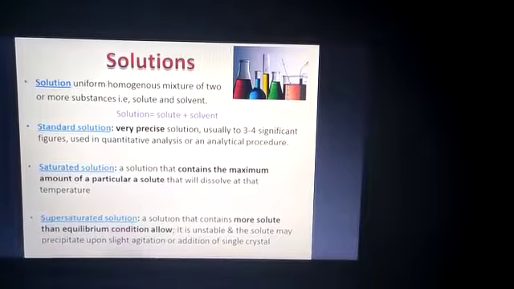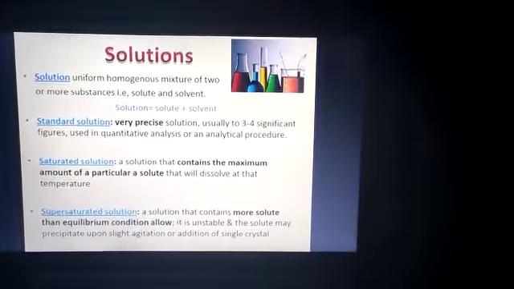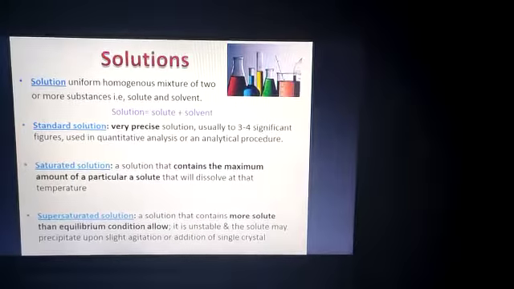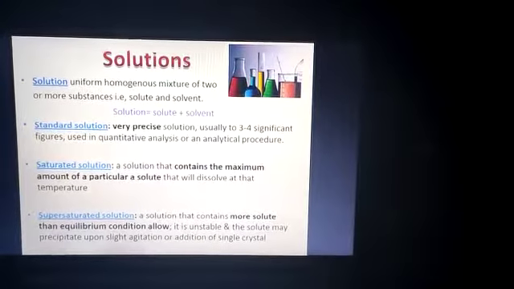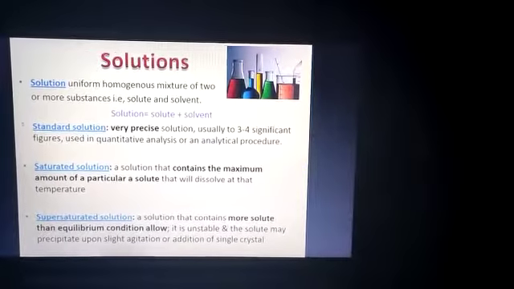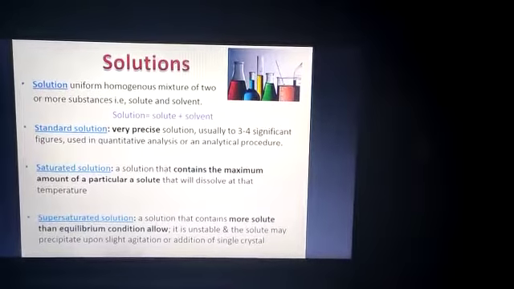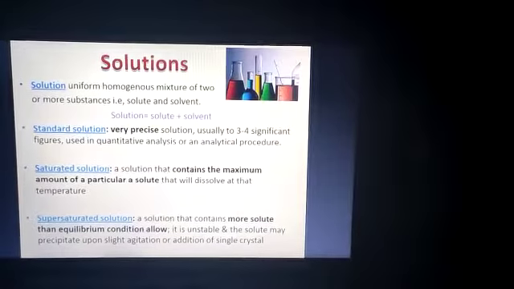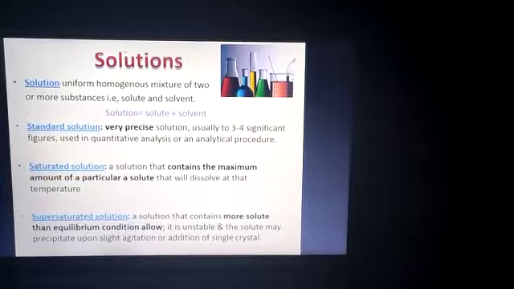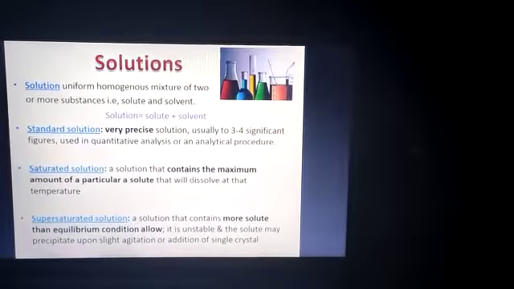Saturated solution, a solution that contains the maximum amount of particular solute that will dissolve at that temperature. Supersaturated solution, or oversaturated as we said, a solution that contains more solute than the equilibrium condition allows. It is unstable and the solute may precipitate upon slight agitation and addition of a single crystal.